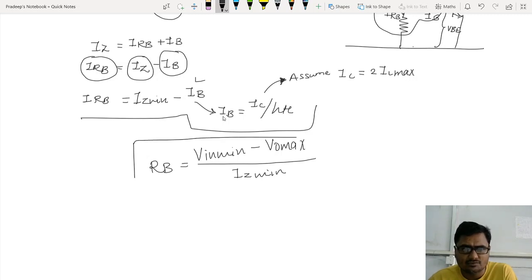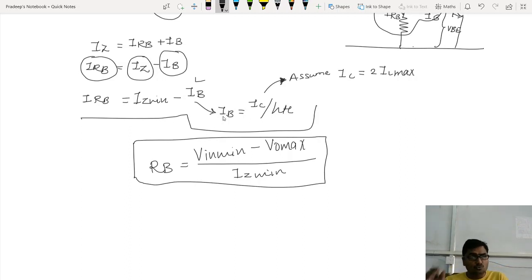So this equation is also based on the analysis of the same circuit. If you want to put RB in your circuit, then go for this equation. Otherwise, go for this procedure. You have an alternative.